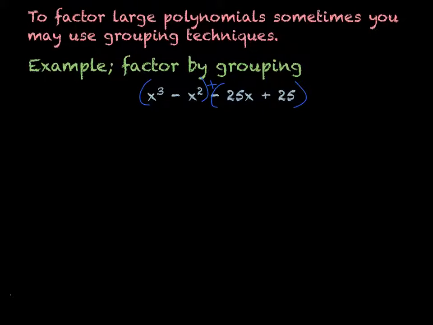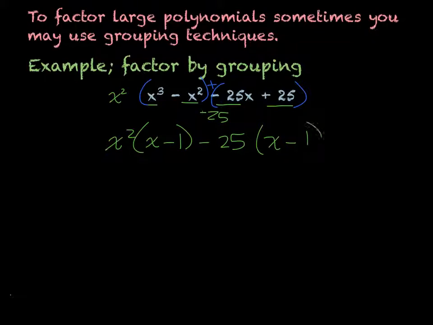So in this first one, we can factor out an x squared. And then that would leave us with x squared on the outside and then an x minus 1. Now we want to figure out what we can factor out of the other one. If we factor out a negative 25, then that would give me negative 25, and then we'd be left with x minus 1 on the inside.